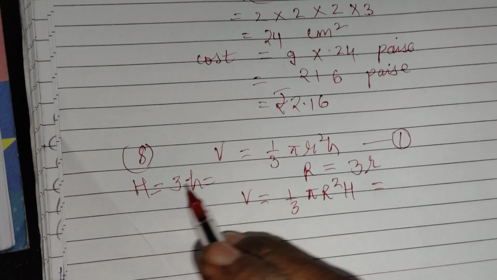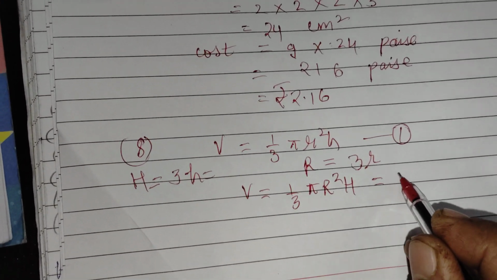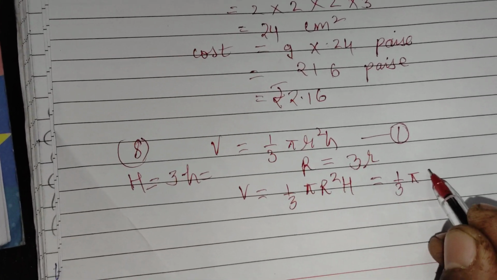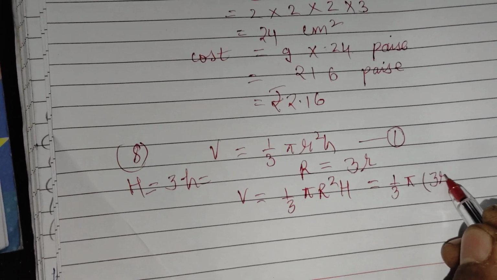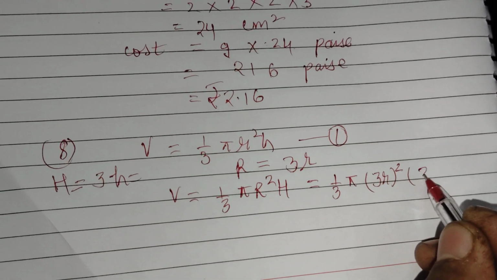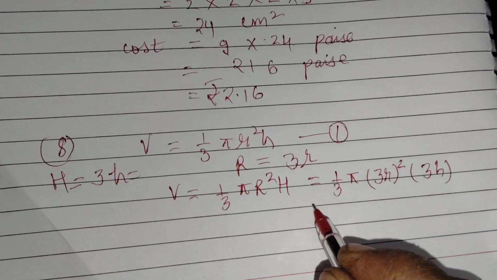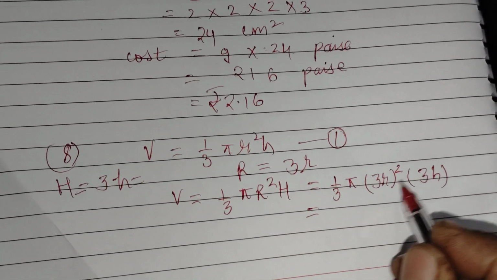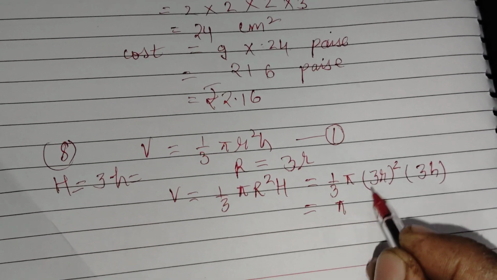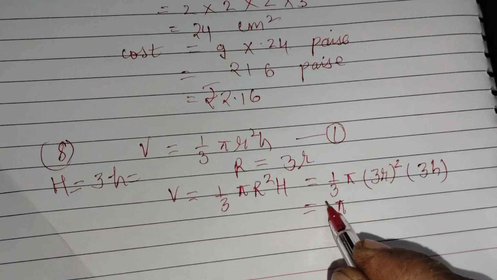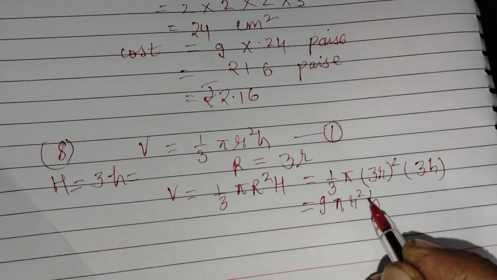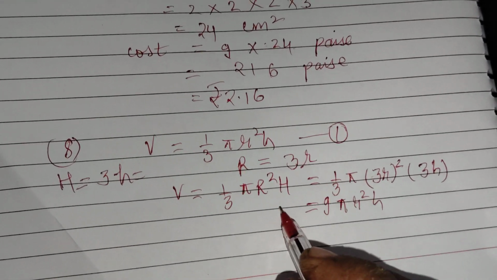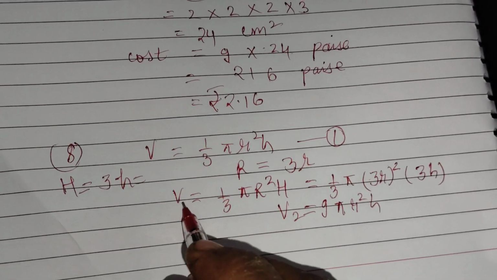Plug in the values of capital H and capital R. We get 1 by 3 pi, so r square means (3r) square, and H means 3h. So 1 by 3 and 3 cancel out. We get pi, 3 square gives 9 r square h. So 9 pi r square h. This is the new volume, volume number 2.